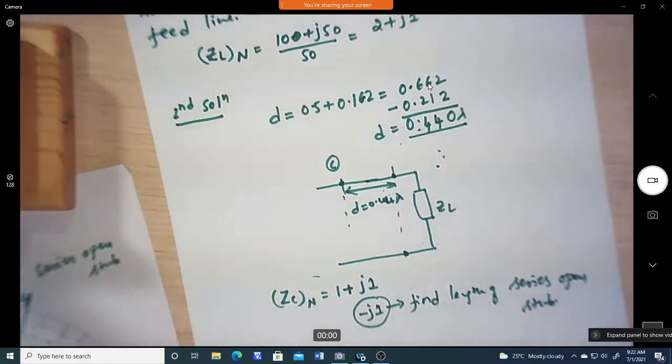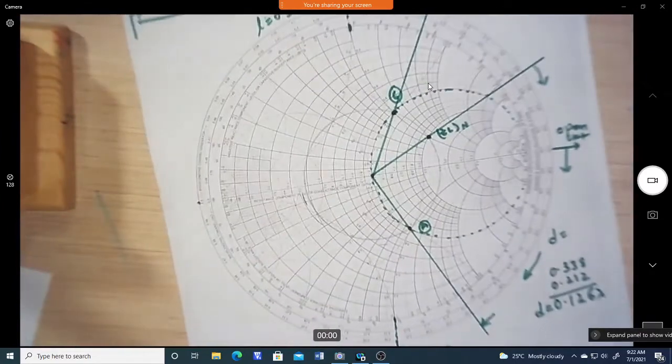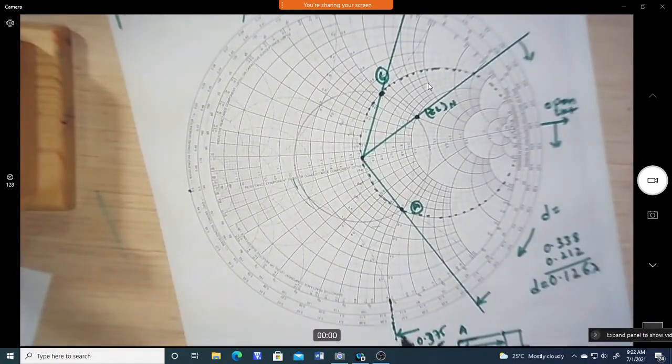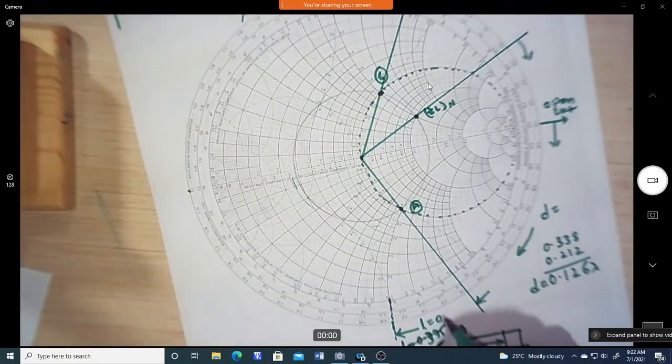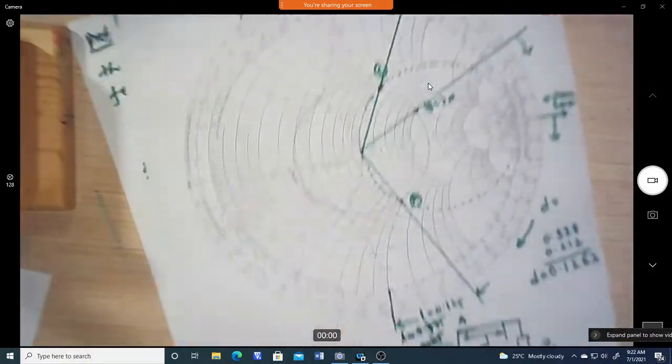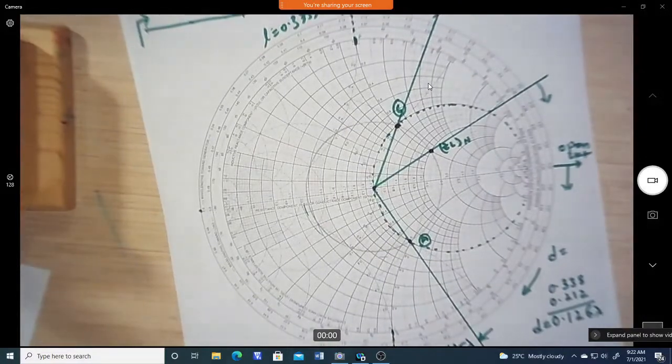Okay, so now we have already found out, from the open circuit point, it will give minus J1 with the length of 0.125. Okay, so this is 0.125 and this one is 0.375 for the earlier solution. It is 0.125 lambda here, from here to this point.